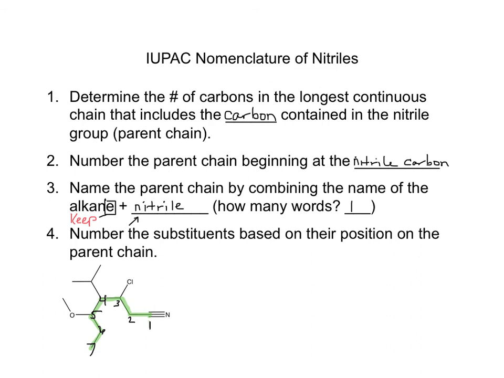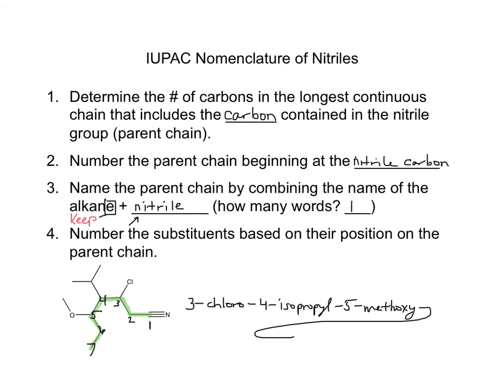Alright, so here we go. We've got chloro, isopropyl, and methoxy. So we'll have 3-chloro, so isopropyl, so 4-isopropyl, and then we have 5-methoxy, and then I'm going to run out of room, so I'm just going to swing it around here.